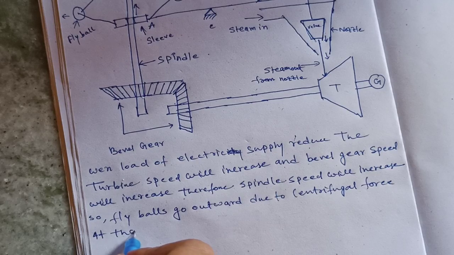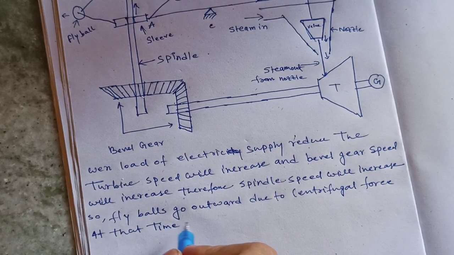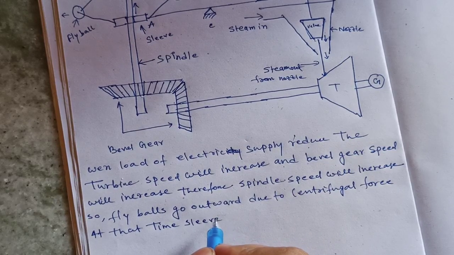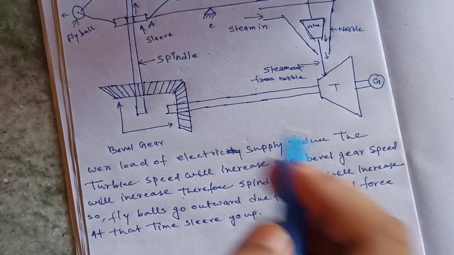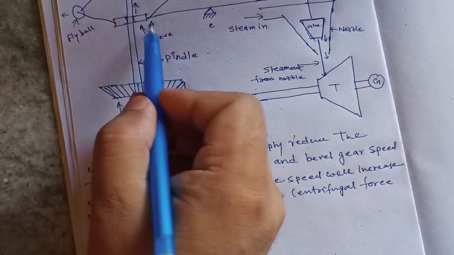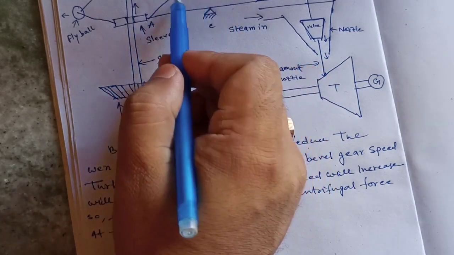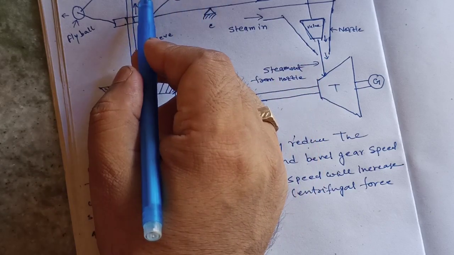At that time the slip goes up. This is the slip. When the fly ball goes outward, this is the weight which will go outward, and the slip will go upward.